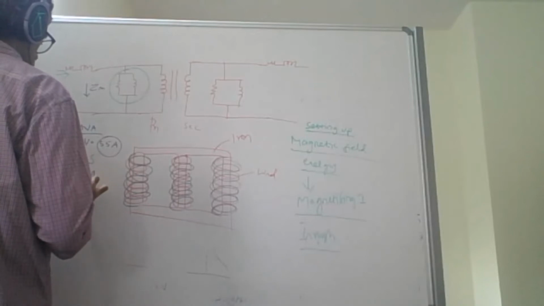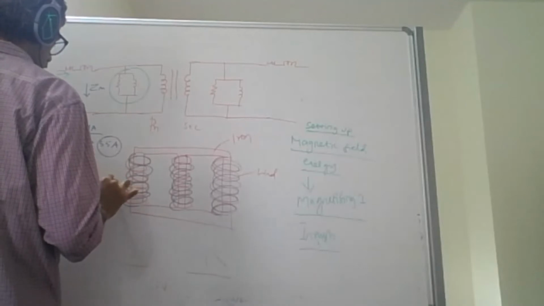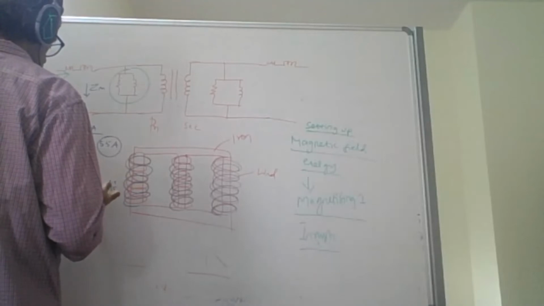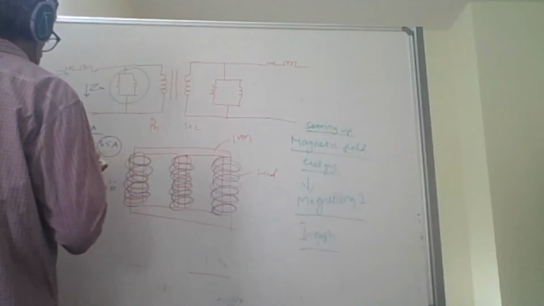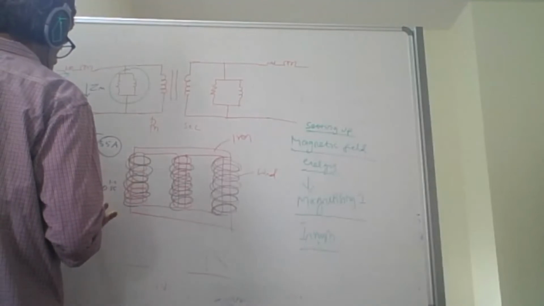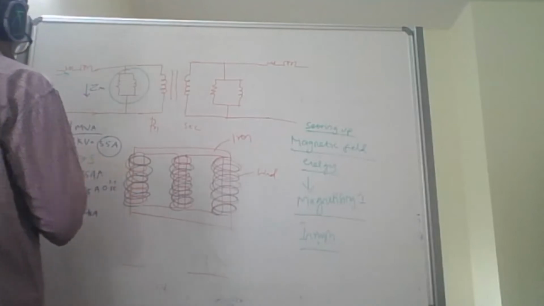For a small transformer, it should be less than 1%. 3% means 1.65 amps. 5% means 2.75 amps. Okay. So we will see.